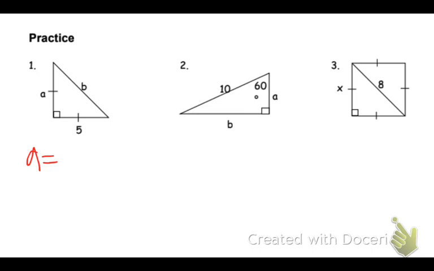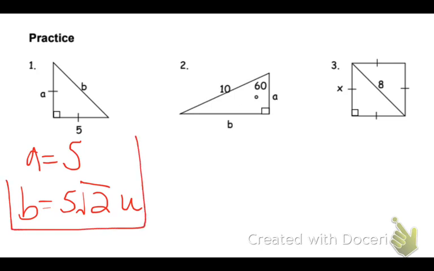If it's the same as 5, because they have the markings, then we know that a is also 5. And then we know that in a 45, 45, 90 triangle, the hypotenuse is just the legs multiplied by root 2. So we have b equals 5 root 2. And then in this case, we could just say units, because there are no units given. So a is that, b is that.